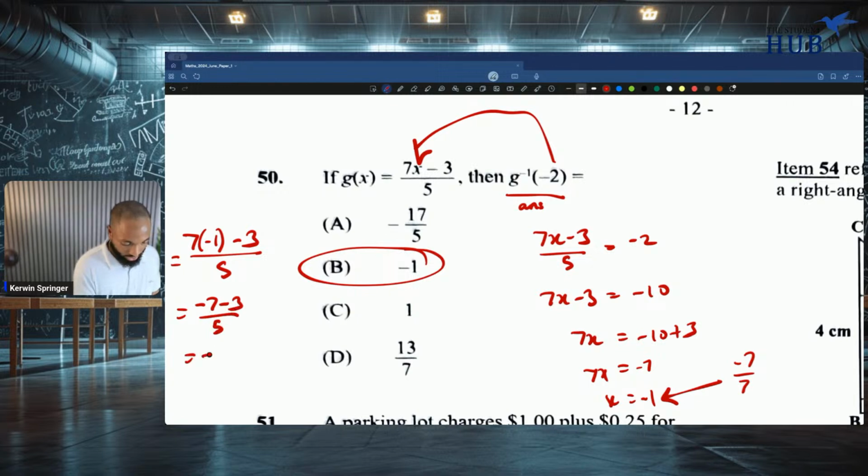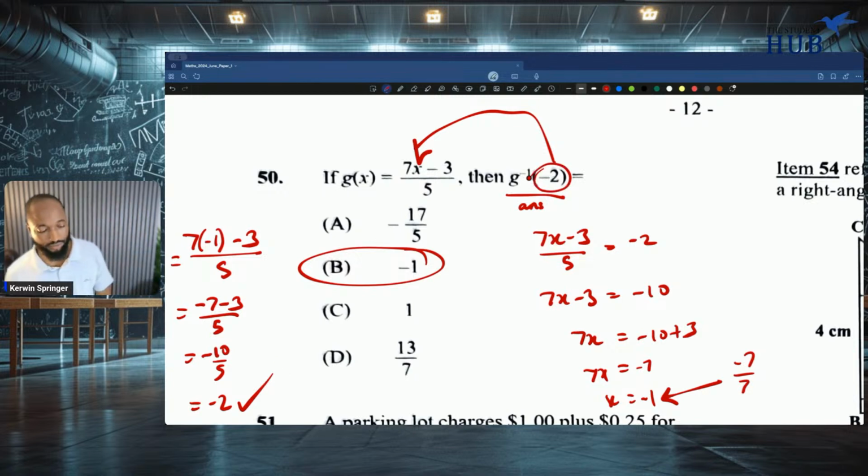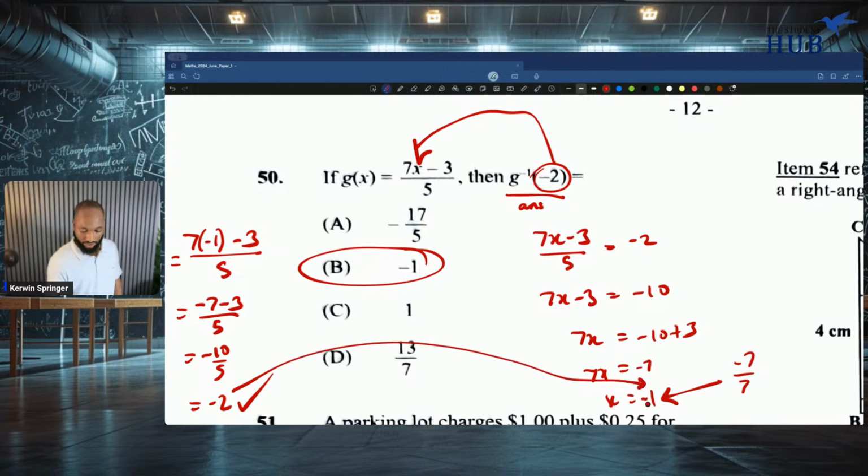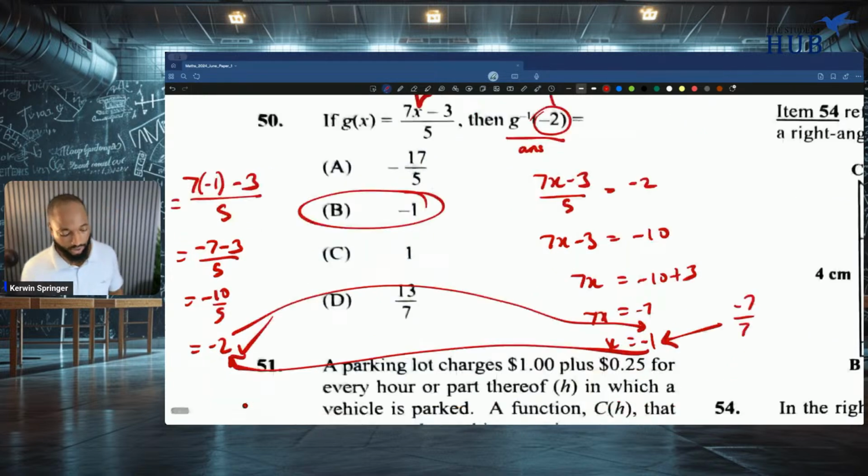That is negative 10 over 5, which is negative 2, which is that. So g inverse of this will send me back to x is equal to negative 1. g of negative 1 will send me back to the negative 2. I understand? So inverse, backward and forward.